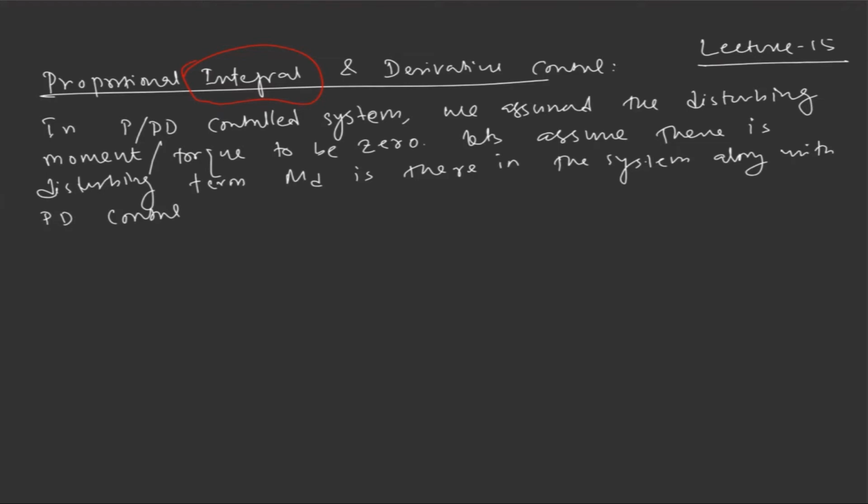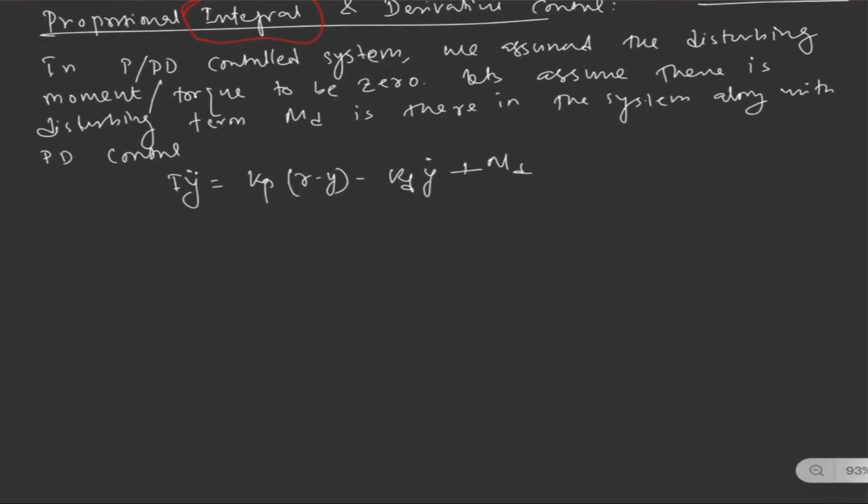So the system we had for PD control, I y double dot equal to Kp R minus y minus Kd y dot. This we already had, we derived how it came. Now let me say something about the response.